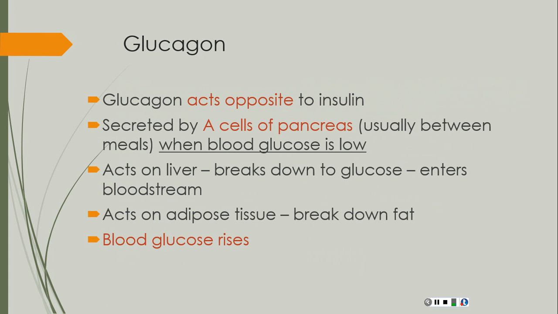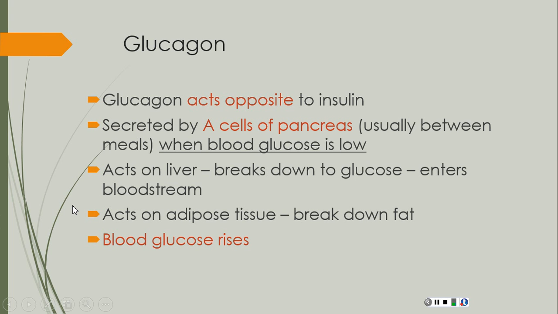Glucagon acts opposite to insulin. So it's secreted by the A cells of the pancreas. Remember, the B cells secrete the insulin, A cells secreting glucagon. It's usually between meals. Now, it gets secreted when the blood glucose is low. And it acts on the liver to break down glycogen and release glucose into the bloodstream.